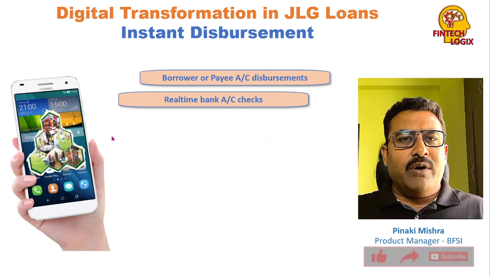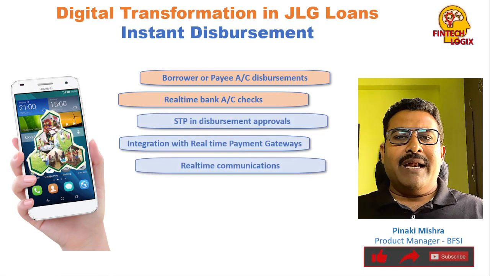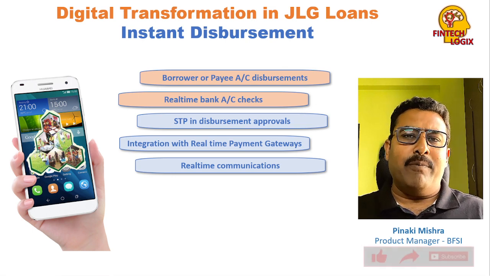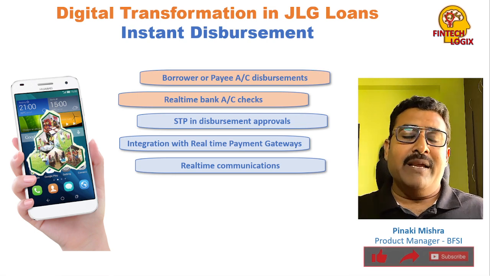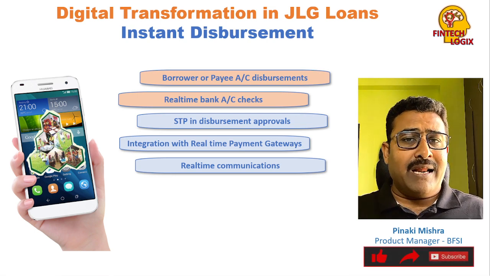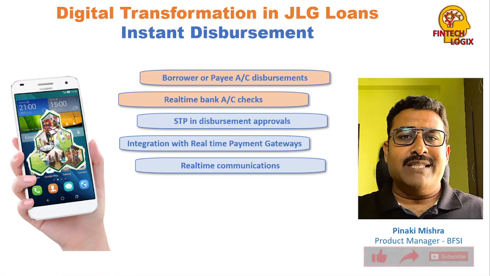Now, once your disbursement accounts are fetched, there has been innovation in making the entire disbursement approval as a straight through processing, or STP in this regard. So normally there are series of checks which are done before disbursements.